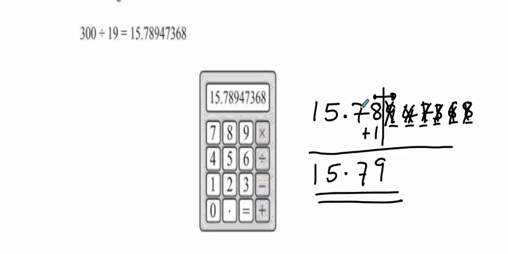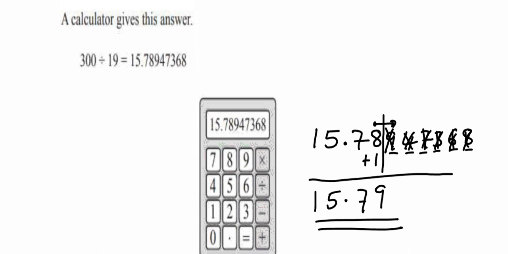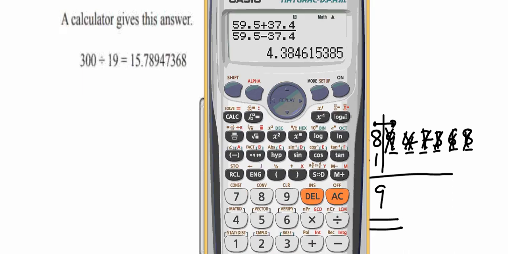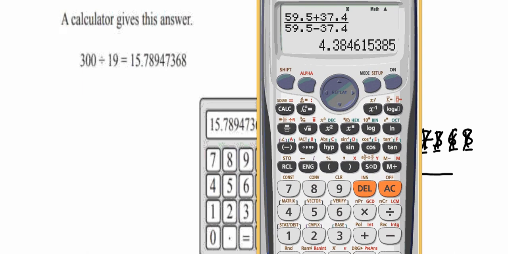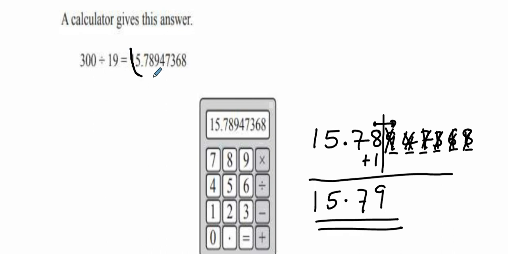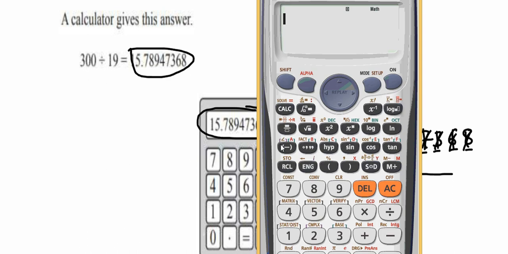Now, if this question comes in a paper where you are supposed to use a calculator, how do we use a calculator to round a number correct to the required number of decimal places? What we do, we take this number here. Can you see this number? Take this number on the calculator and then round it.